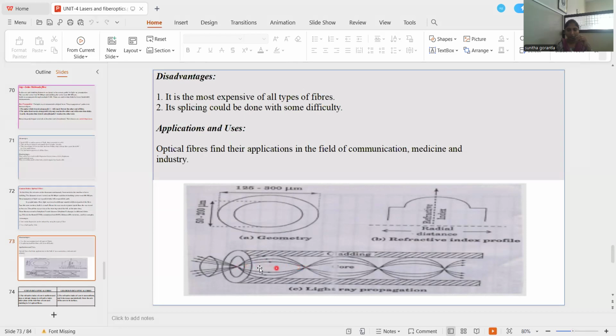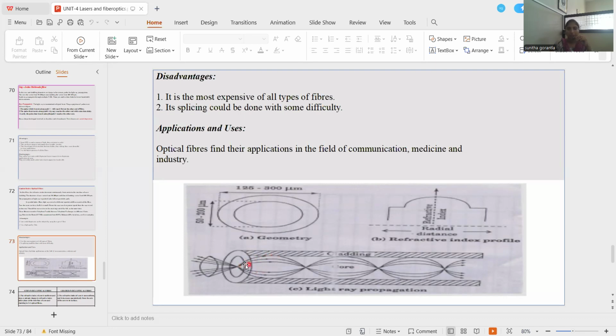Near the fiber axis, the refractive index is high, so the ray travels with lesser speed. Where the ray travels near the outer surface, it travels with high speed because the refractive index is low.